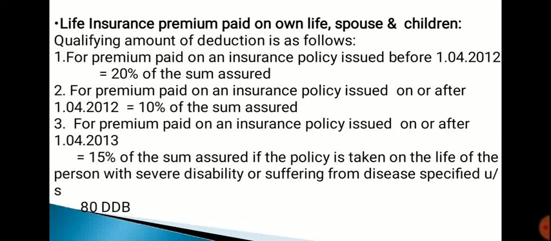That is, the premium paid by the assessee should not exceed 15% of the sum assured. That is the policy amount. And the condition to be fulfilled is the policy must be taken only on the life of the person with severe disability or suffering from diseases specified under section 80DDB.